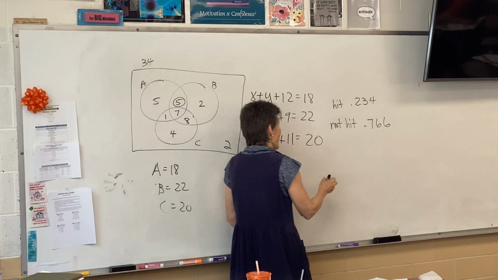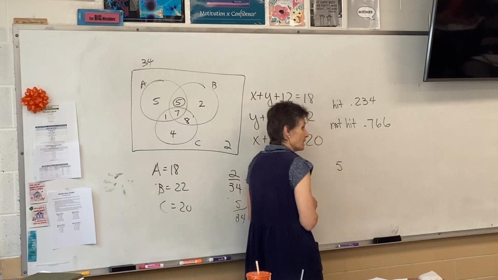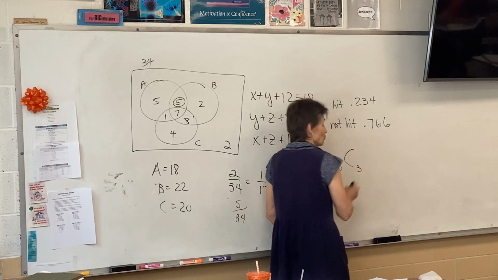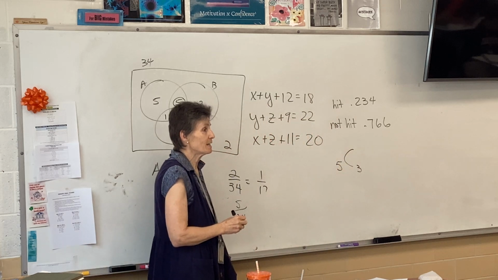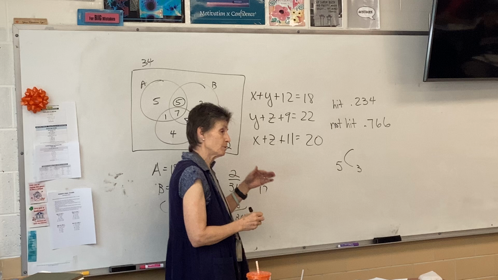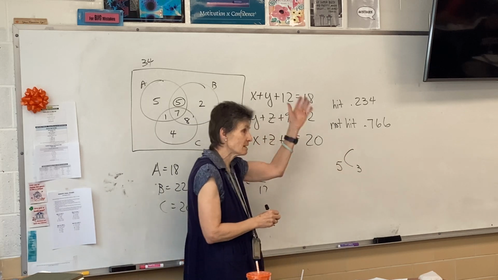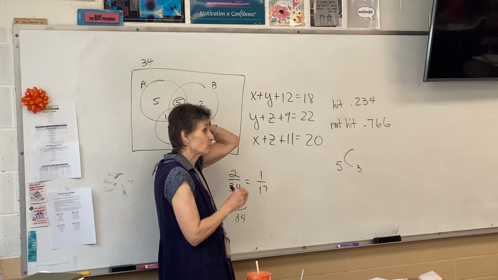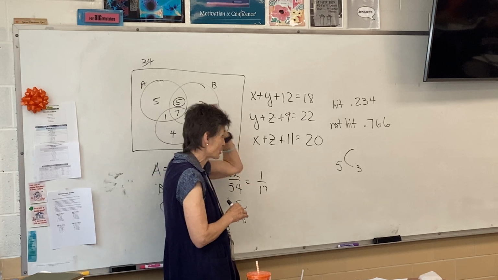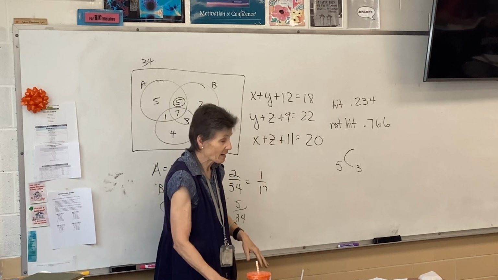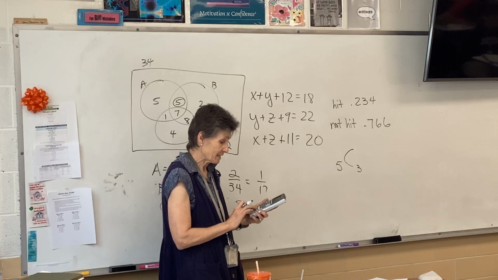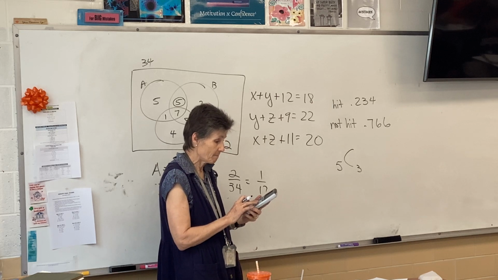I'm gonna give him 5 chances, and I'm gonna pick any 3 of them to be hits. So it could be hit, hit, hit, not, hit, not, hit, not. It could be any of those. I just need 3 of them to be hits. So I'm gonna start with that number, 5C3, which I think is 10, but I'm gonna check that.